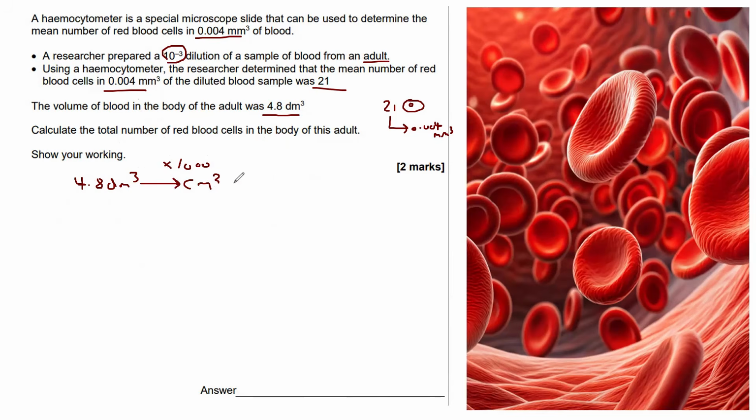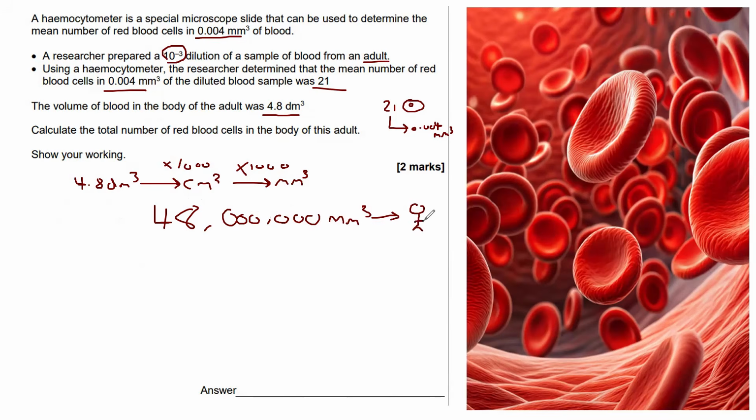But to change centimeter cubed into millimeter cubed, we're going to times another 1,000, because a centimeter is 10 millimeters. Cubed means 10 times 10 times 10, so it's 1,000. So we're timesing a million basically. You could just learn that to change decimeters to millimeters, you times a million. So we're going to have 48 million millimeter cubed in our adult's body.